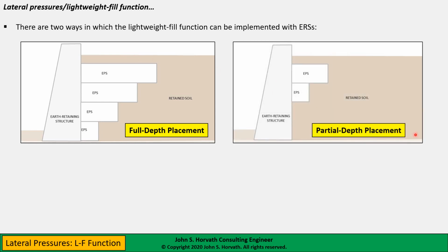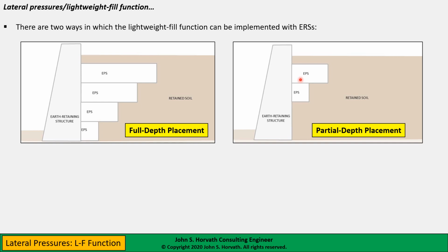We can also have what's called partial depth placement. Now, it's very, very critical that if you do a partial depth placement, you always put the EPS blocks as close to the surface as possible, again, typically 3 feet, a meter or so below the surface.